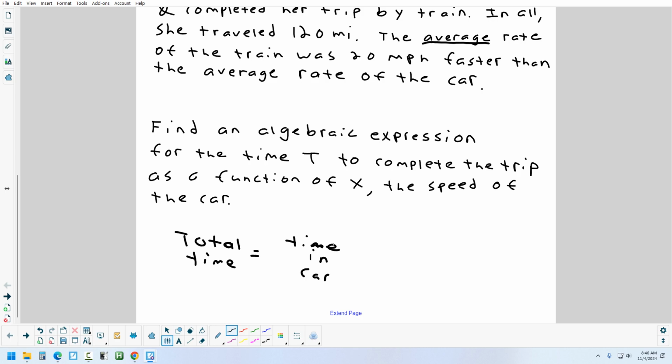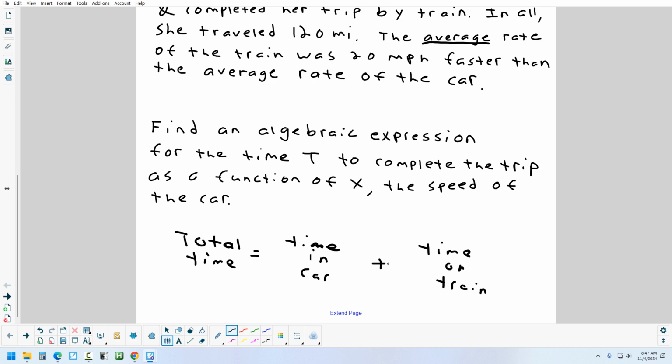Time in the train. And to find the total time, we take the time she's in the car and the time she's riding on the train, and what are we going to do with them? We're going to add them. Okay, so that's the first step. There's really no math there. It's more of a big picture: what are we trying to figure out?